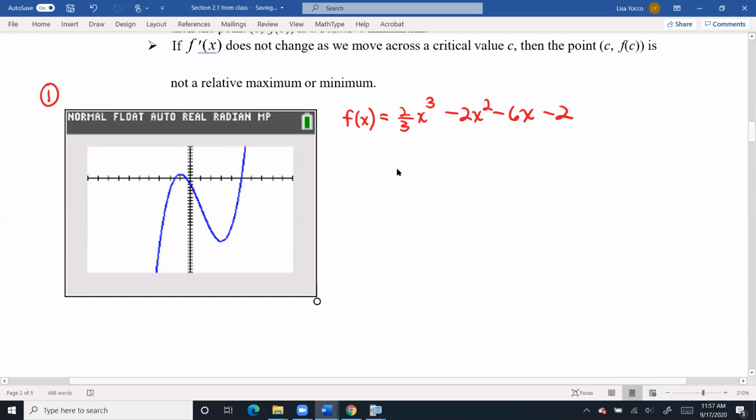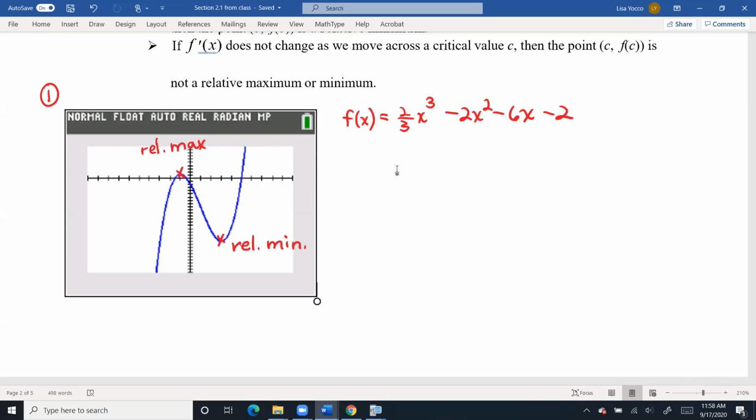So one might say, hey, there's your relative maximum and there's your relative minimum. And your calculator has features that would allow you to compute exactly where those are. And I can't argue with that. I mean, that's fine. The problem is, what if we have a function whose graph is hard to read, or we can't really see what's going on?